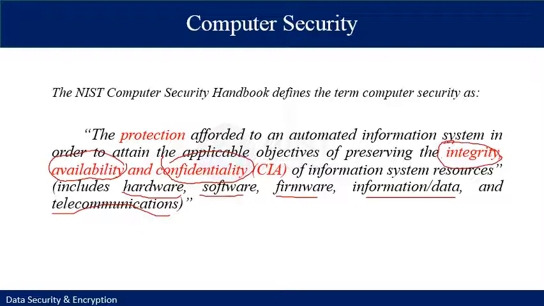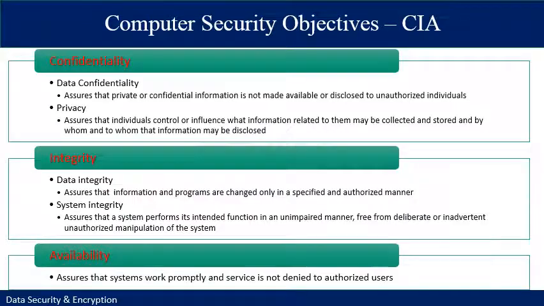So before moving forward, you have to understand these three basic concepts: confidentiality, integrity, and availability. We will formally define them here. Confidentiality is comprised of two parts: number one is data confidentiality, and number two is privacy.